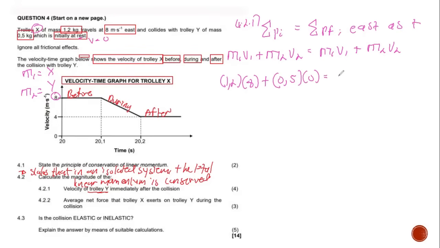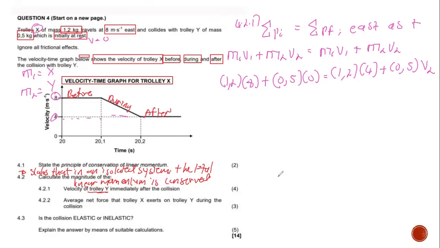Then M1 is 1.2, but for final, it's after the collision. After the collision, we find that the velocity is 4. So this is how you read the graph. Then mass 2 is 0.5, and this is what we are trying to calculate, V2.